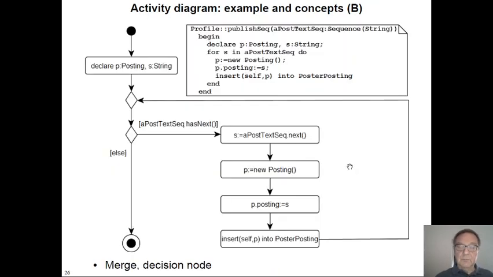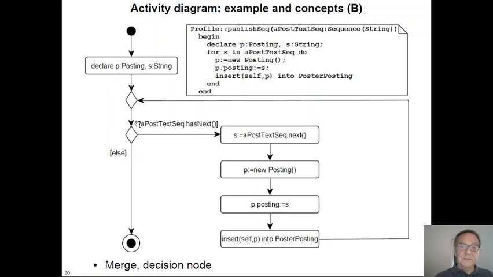This should give an impression how this operation works. And what I've done here in the graphical part, I have represented this SOIL operation with the elements of UML activity diagrams.